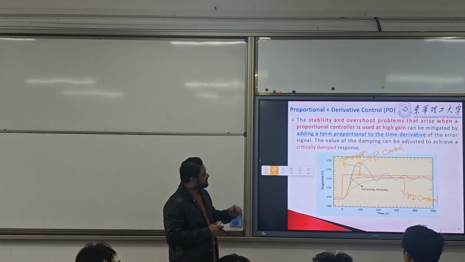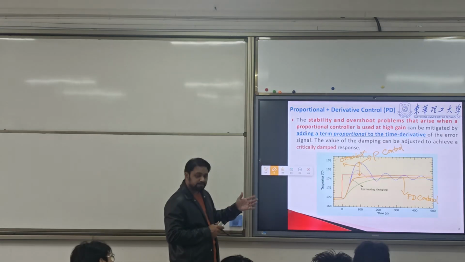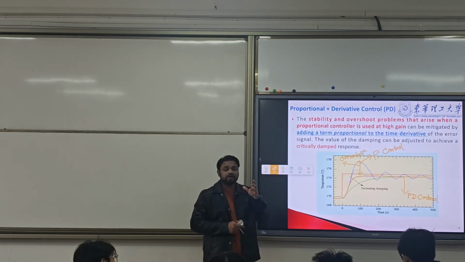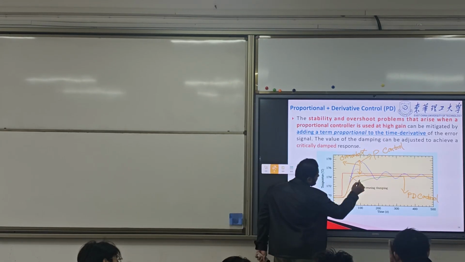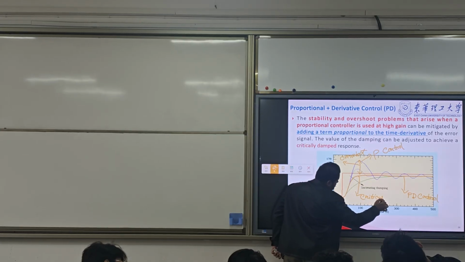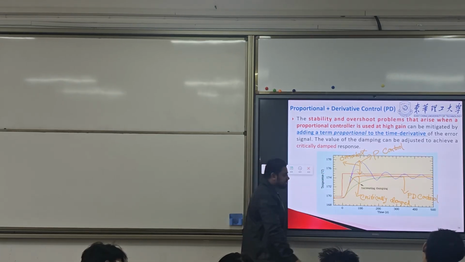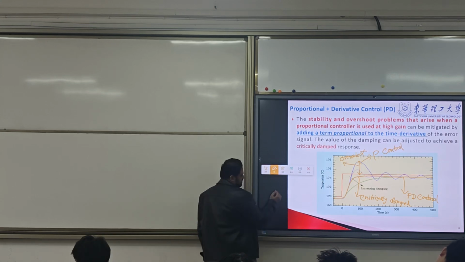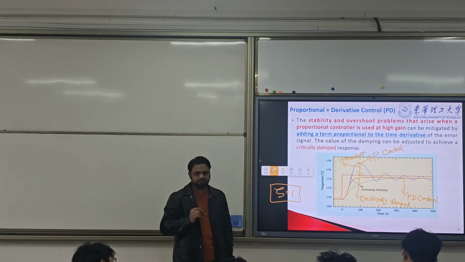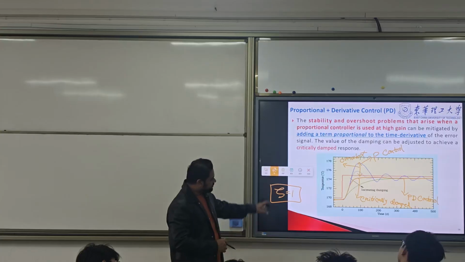And if we use the derivative control with the proportional control, it will make the response critically damped. What is that? Zeta is equal to 1. So it will make it critically damped and reduce the overshoot.